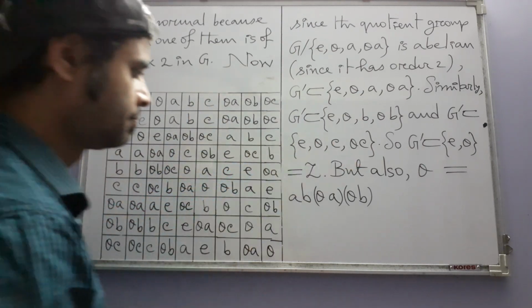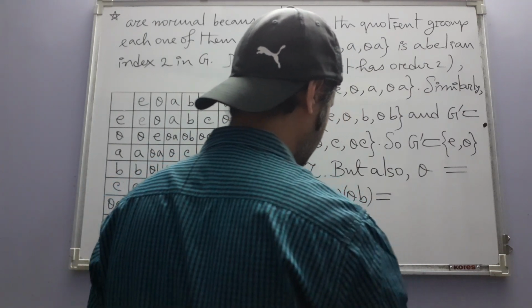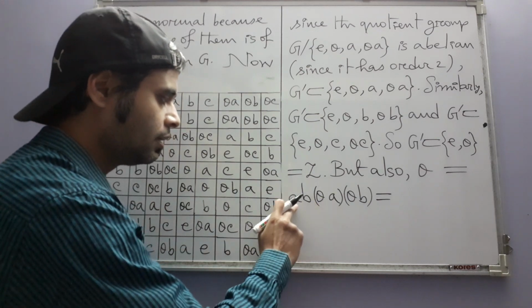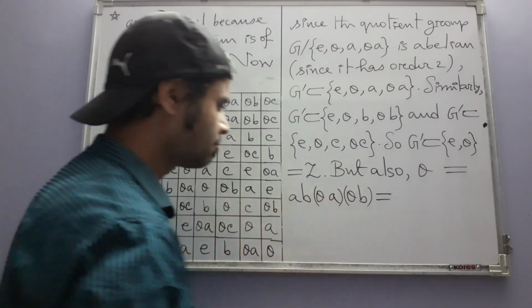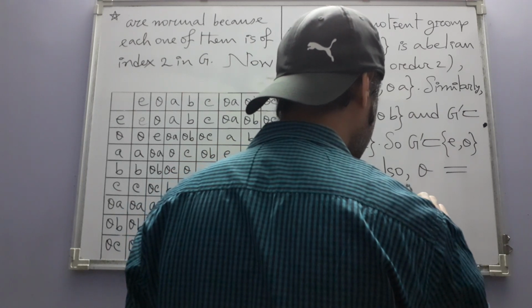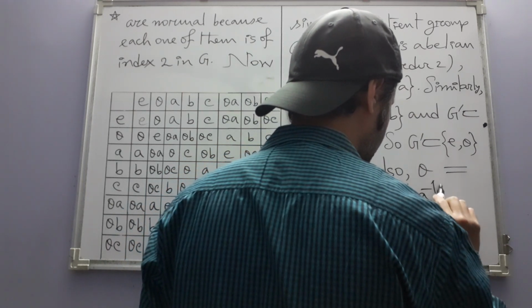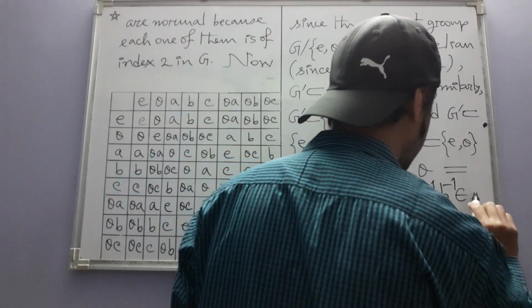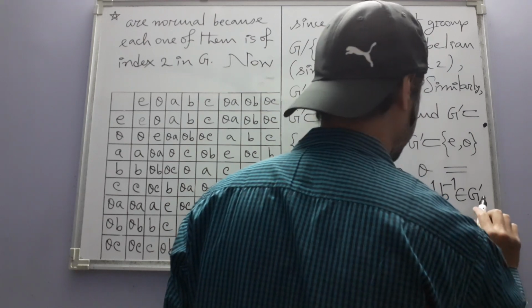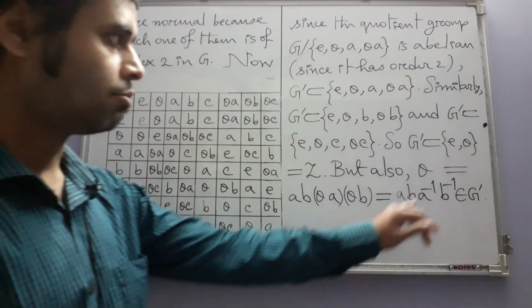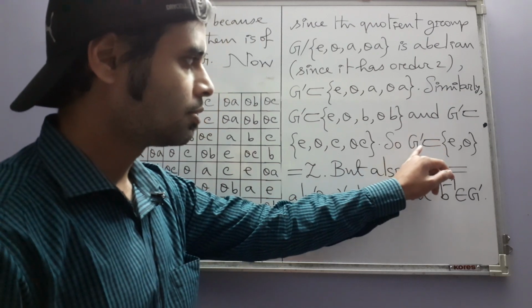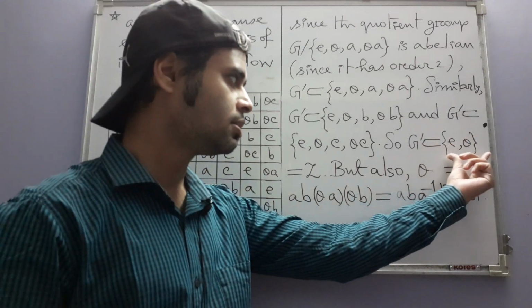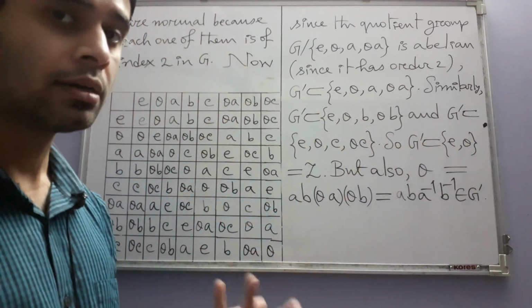Yes. And we have already, which we can also see from the table, that theta A is the inverse of A, and theta B is the inverse of B. So this is AB, A inverse, B inverse, which is a commutator. So it should belong to the commutator subgroup. Now we already know that because the commutator subgroup is a group, E belongs to this, and now theta also belongs to this. So this is also a subset of this, and that's how they are equal.